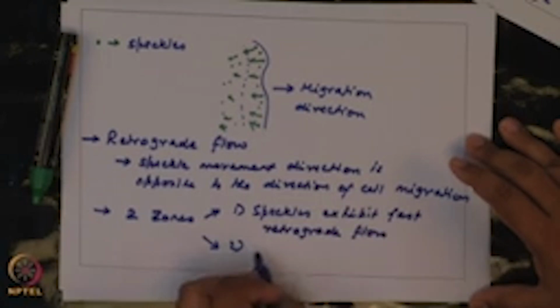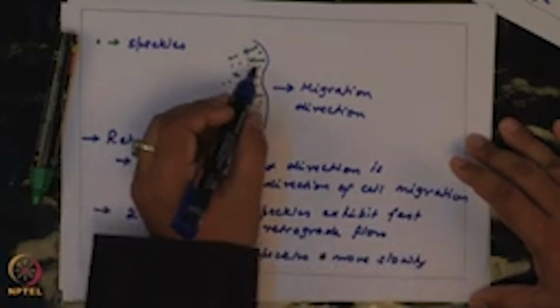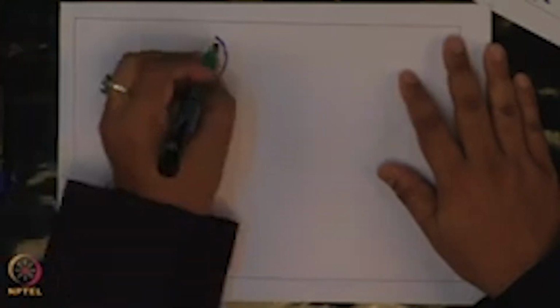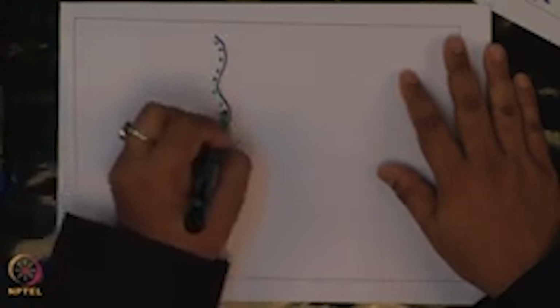In the second, they move slowly. So, here retrograde flow is fast, here it is slow. Not only that, you also have polymerization and depolymerization.